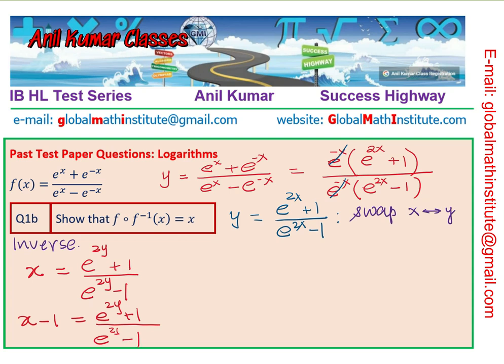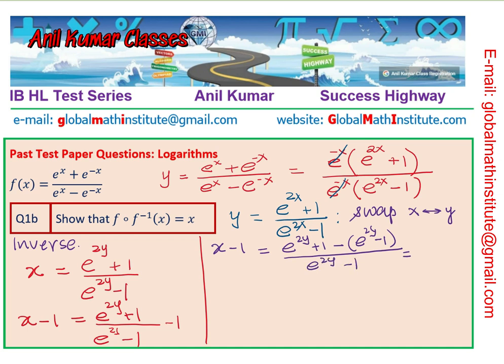There's very little space here, so we'll just squeeze things in. So we have subtracted 1 from both sides. So we get x minus 1 equals e to the power of 2y plus 1 minus e to the power of 2y minus 1 over e to the power of 2y minus 1.